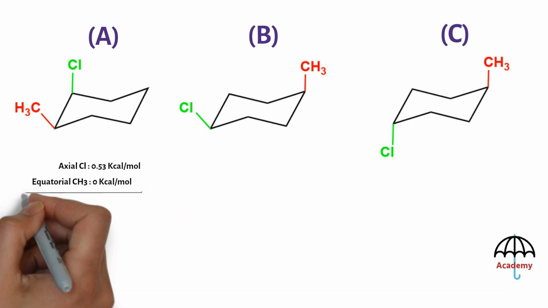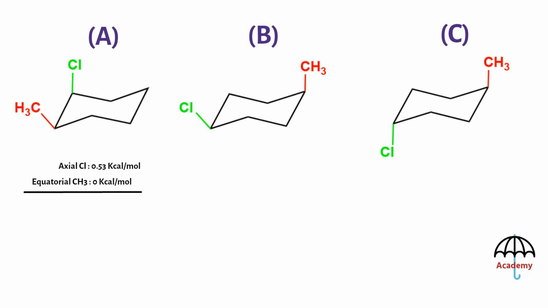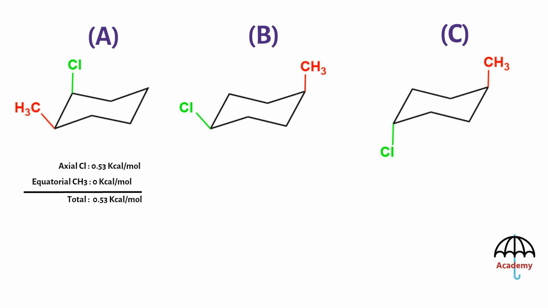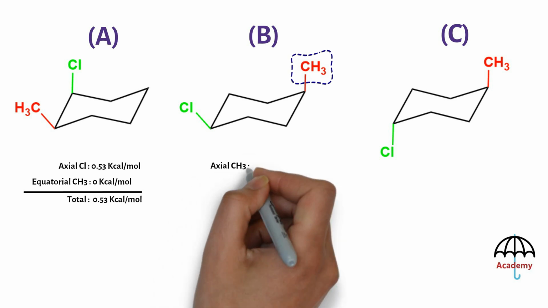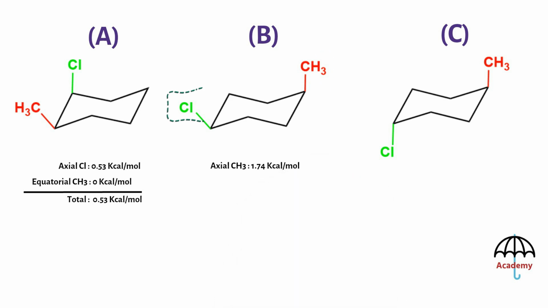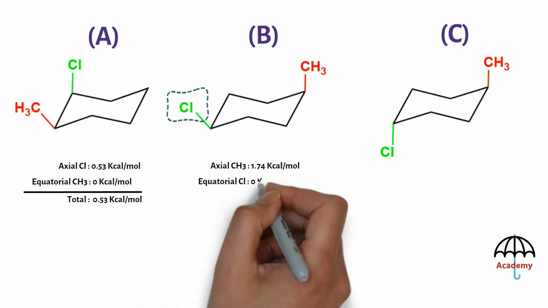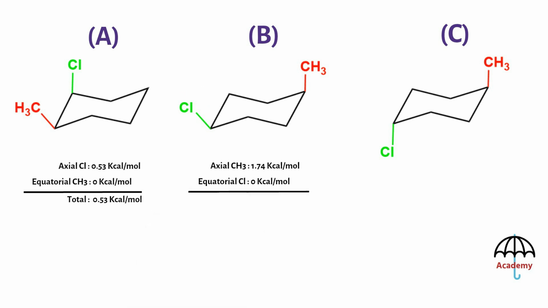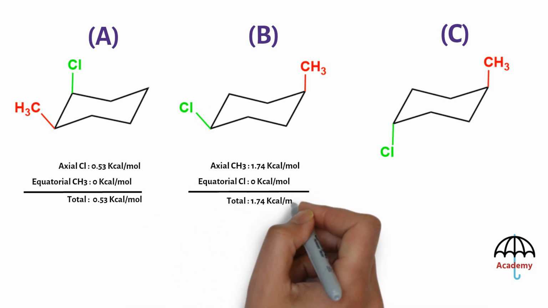Adding the two values, the total torsional strain is 0.53 kilocalories per mole. For the conformer B, the axial methyl contributes 1.74 kilocalories per mole. The equatorial chlorine doesn't contribute any torsional strain. The total torsional strain in the conformer is 1.74 kilocalories per mole.